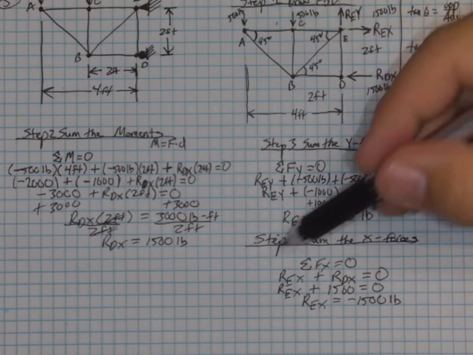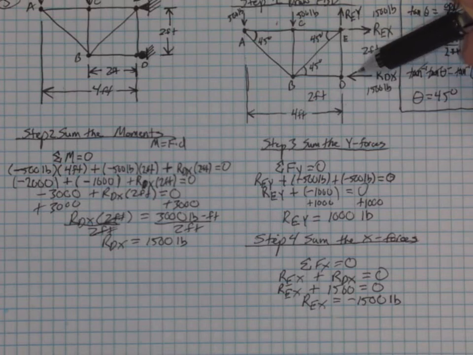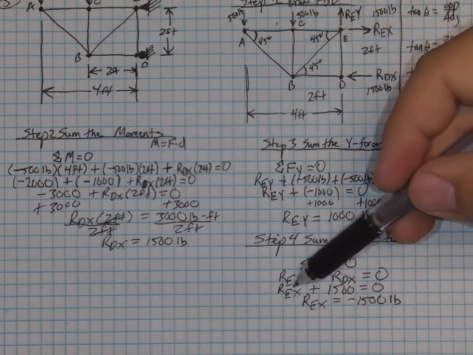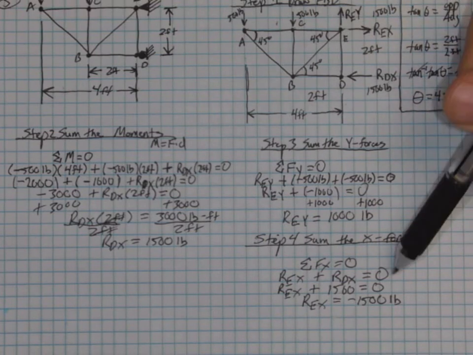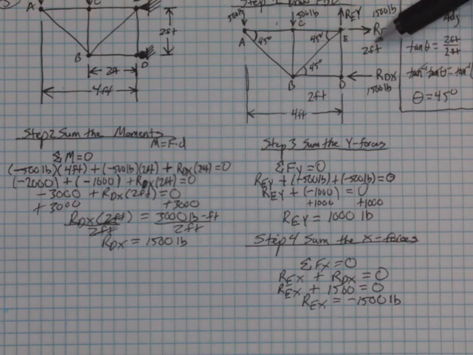So it was positive when it was going to the left. We always want to assume that REX is a positive value that we're generating. And here we get negative 1,500, meaning it's going to go in the opposite direction of our roller, as what our roller's acting from.